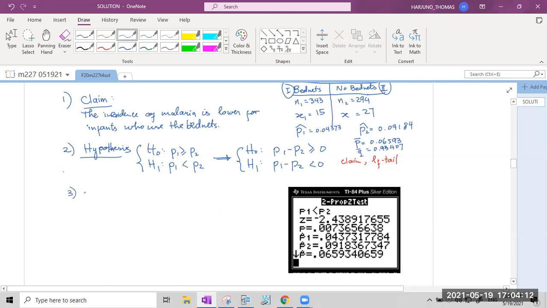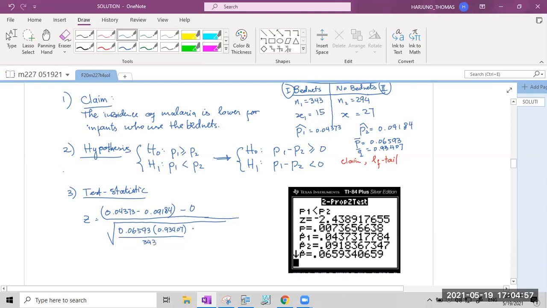Step 3. What is my test statistic? Z equals P1 hat minus P2 hat, minus 0, over the square root of, this will be long, P bar Q bar: 0.06593 times 0.93407 over n1, that's 343, plus 0.06593 times 0.93407 over the sample size for the second group, 294.